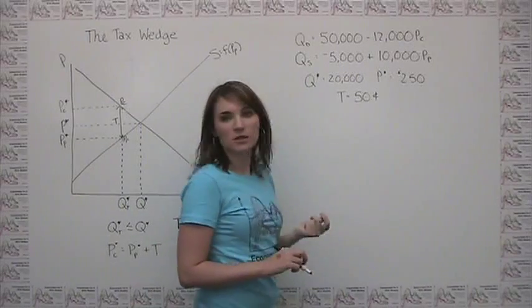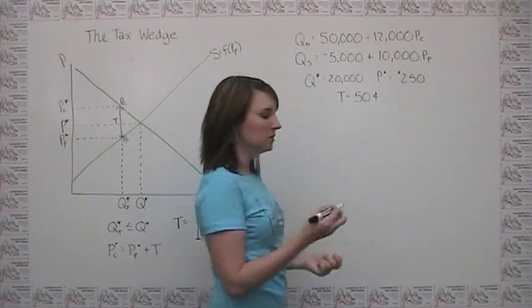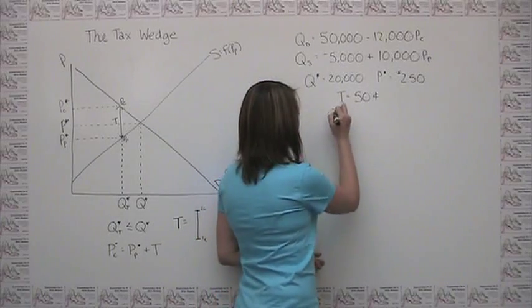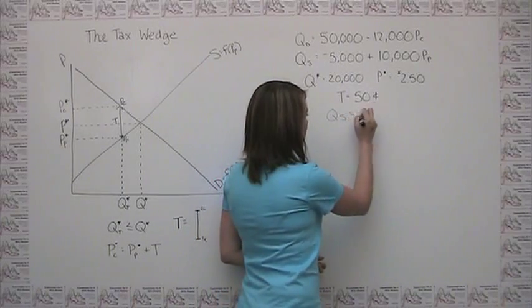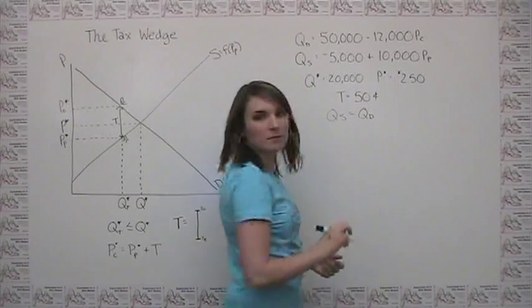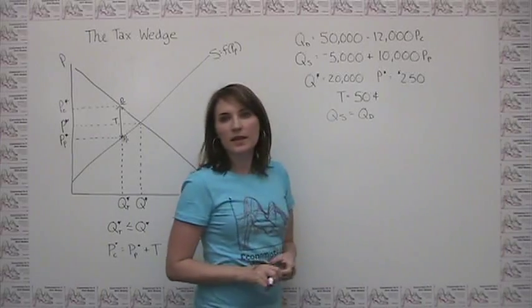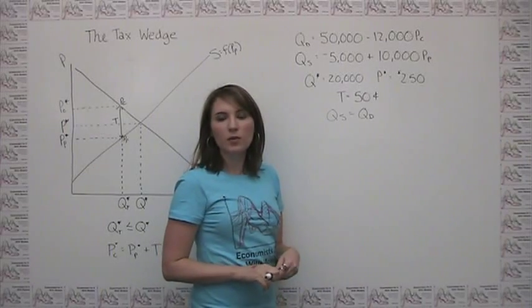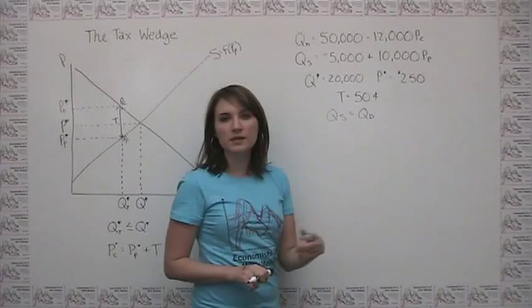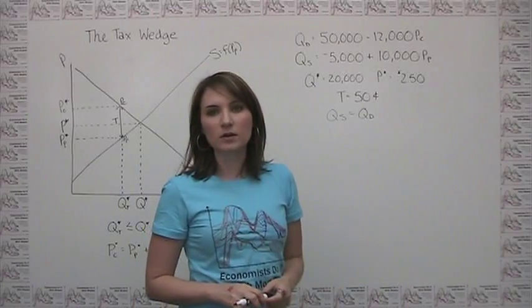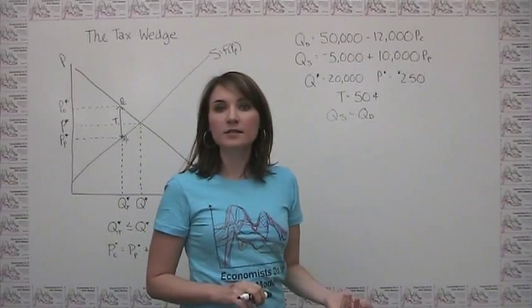The first is just our usual equilibrium condition that quantity supplied and quantity demanded have to be the same. The second is that the price to the consumer has to exceed the price to the producer by exactly the amount of the tax.